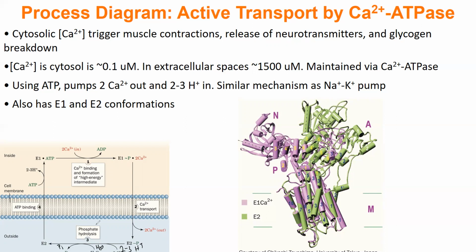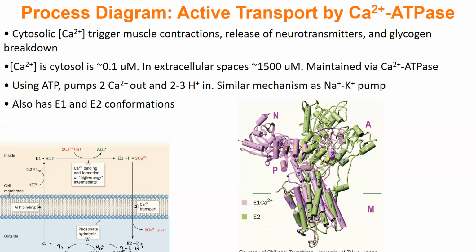And so we don't want that to happen. And so to help control the flow of calcium, we use a calcium ATPase. Like the sodium potassium ATPase, we are pumping molecules in opposite directions. Right here, we are pumping calcium outside the cell against the gradient, and we're bringing hydrogens inside the cell.